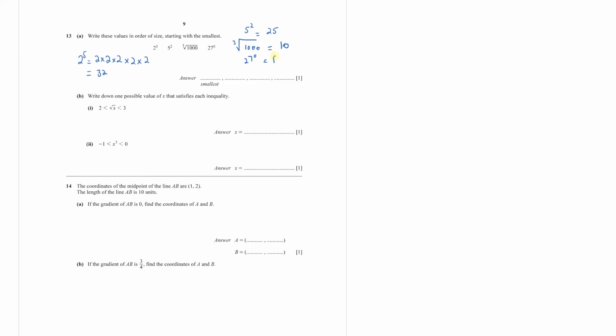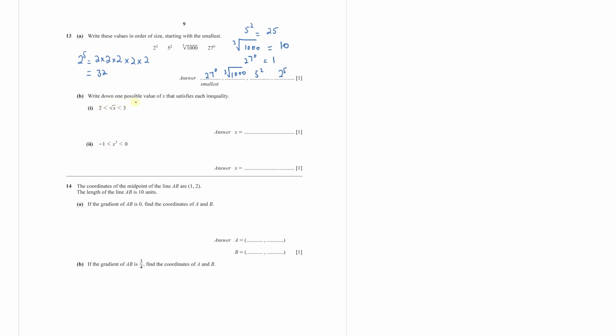So the smallest value here is 1, which represents 27 to the power 0. Your next biggest value is 10, which is cube root of 1000. Then the next value is 25, which is 5 squared. And the last value remaining is 32, which is 2 to the power 5.